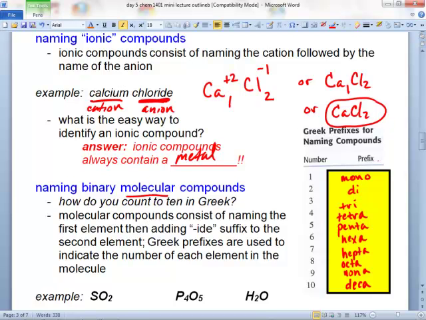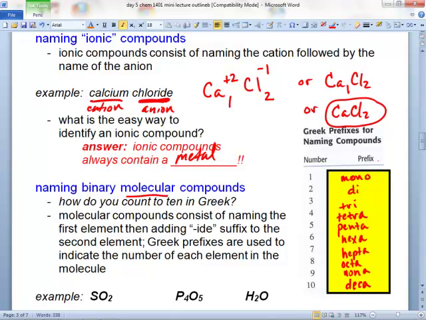We have to know how to count to 10 in Greek. Otherwise, we can't name this stuff. Because what are the rules? The rules are, first, you can't see a what? In this formula, you can't see a what? A metal. If you don't see a metal, use the Greek stuff. Okay, so what does the Greek stuff say?